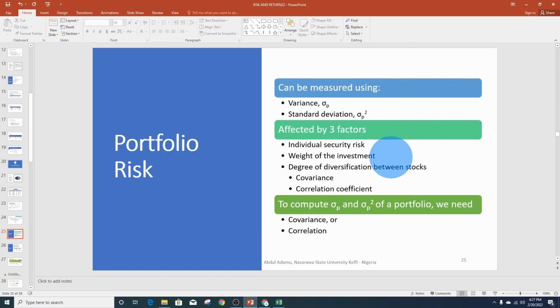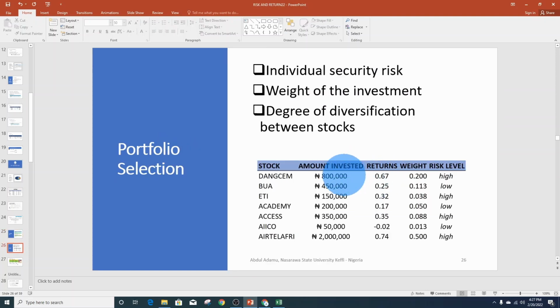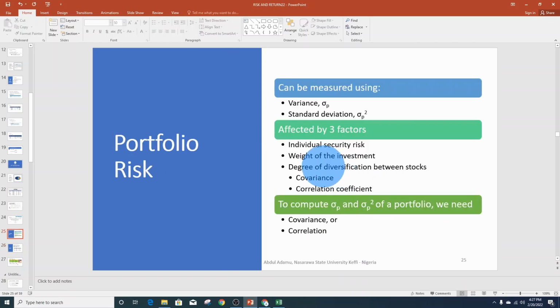Another factor that affects portfolio risk also is the degree of diversification between the stocks. What we mean is the co-movement. The stocks in the portfolio, how do they move together? How do they co-move together? Some stock, when the return is high, the risk also is high. So some stock, when their risk is high, the risk of the other stock in the portfolio could be low.